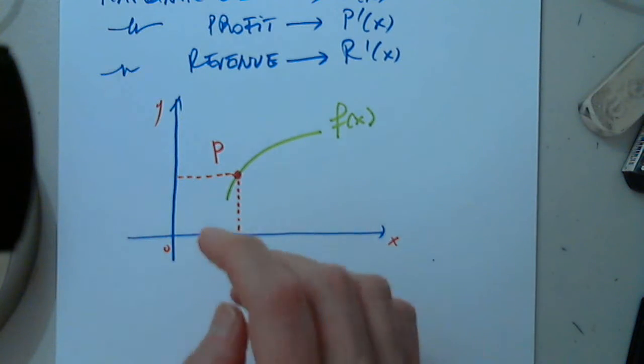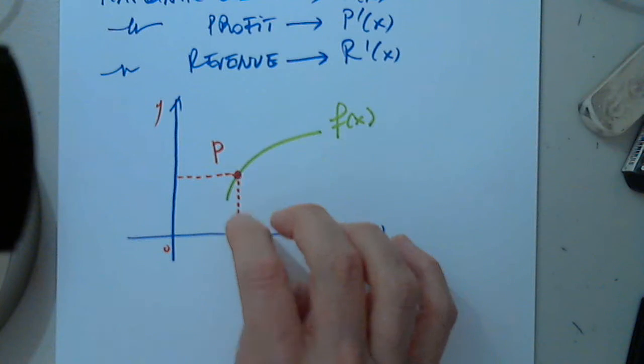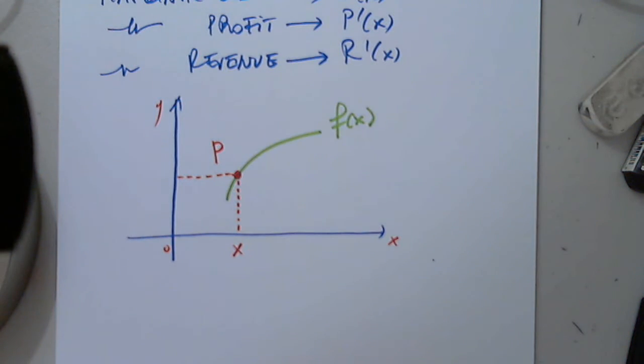If this is 5, what will this be? If this is 10, what will this be? What do you think?